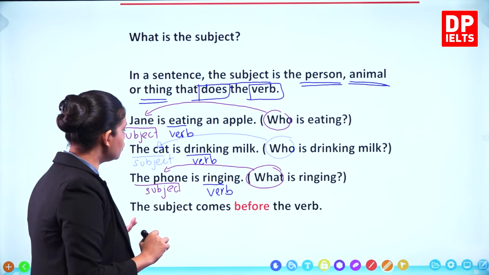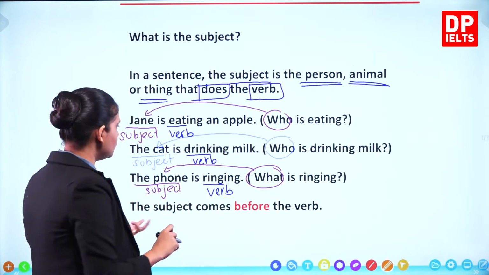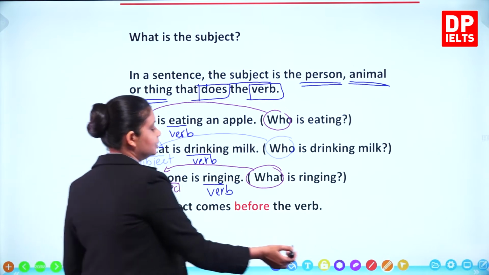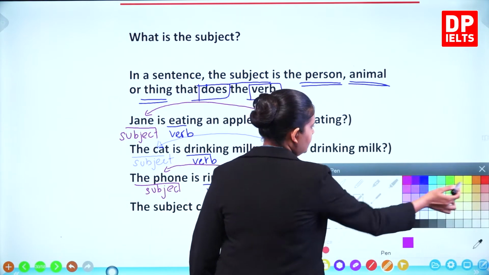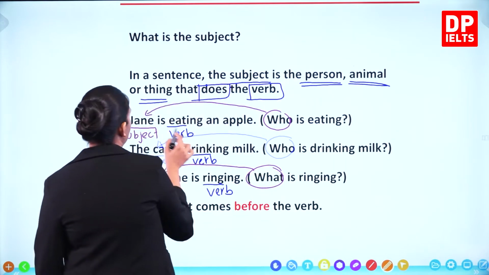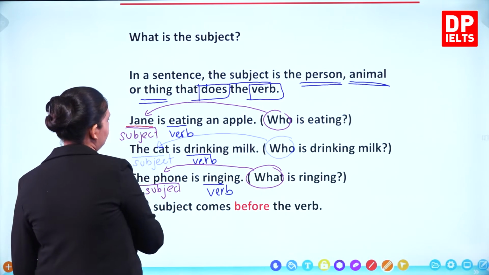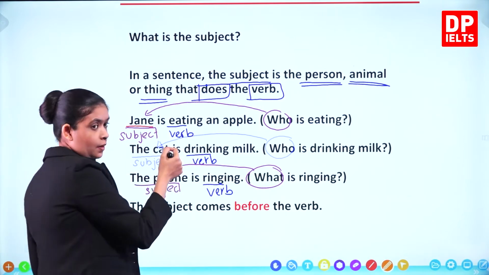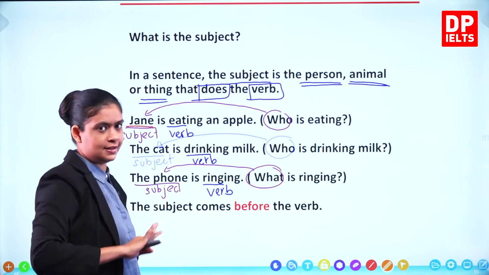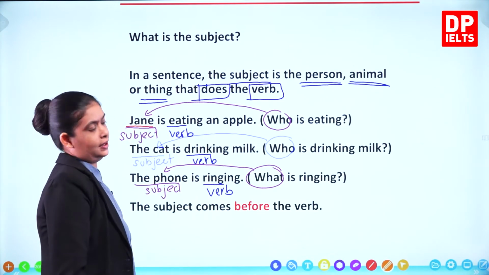The subject comes before the verb. So what you can see commonly here in all of this is that if this is the verb, the subject is always before that. Eat is the verb. Jane is the subject. Jane is before eat.